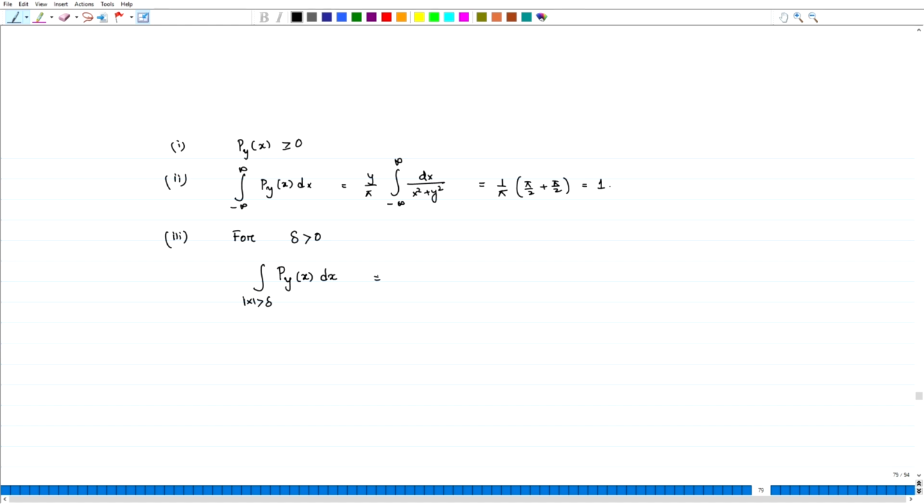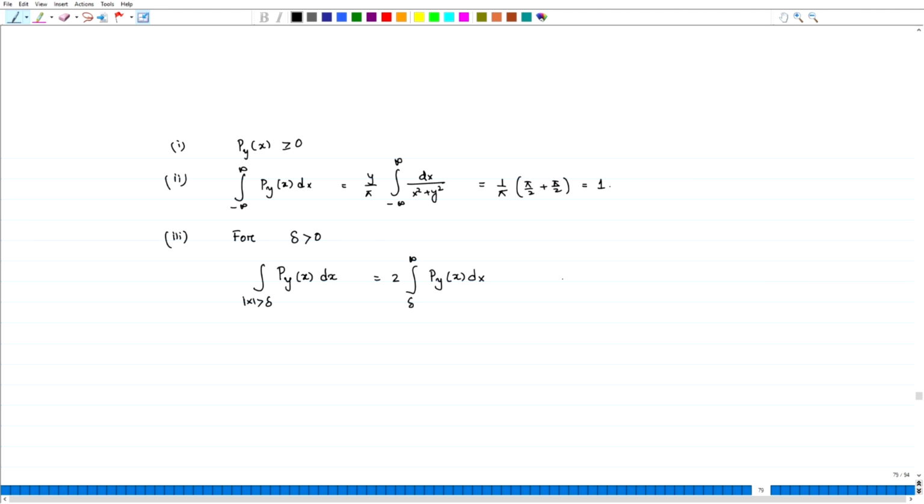In terms of x, this is an even function, so we can write this integral as twice the integral from delta to infinity of P_y(x) dx.